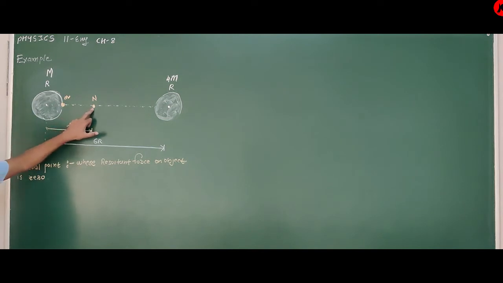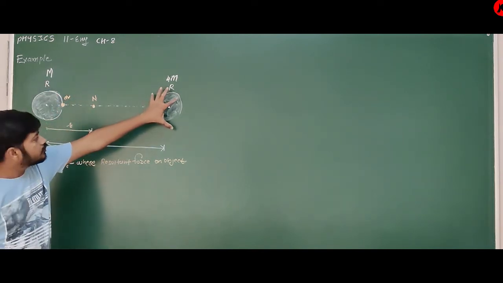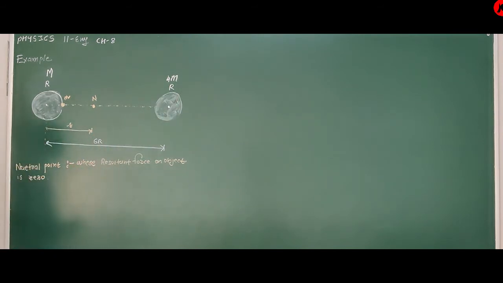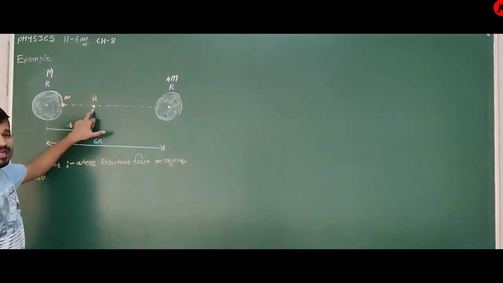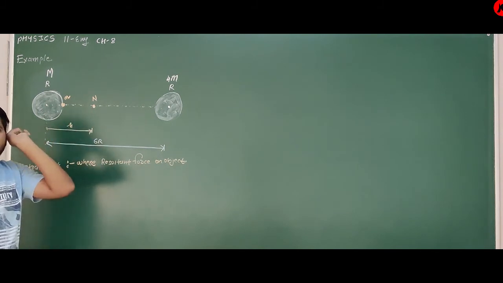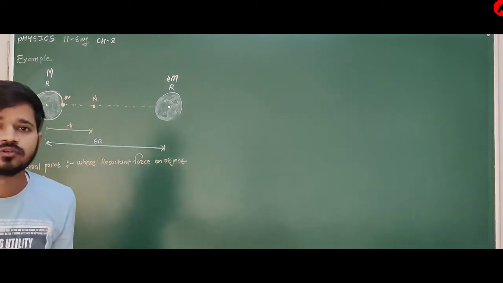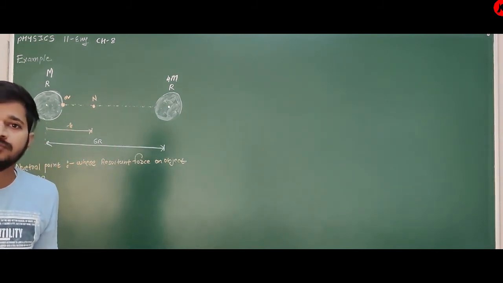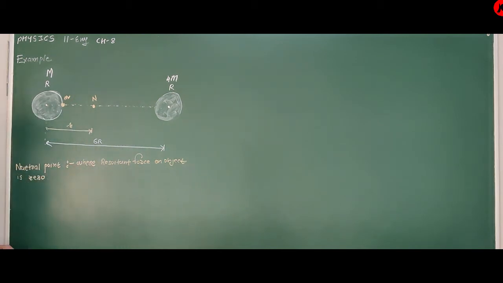Means at this point the gravitational force due to this sphere is equal to the gravitational force due to the other sphere. So at this point the resultant force on it will become 0.